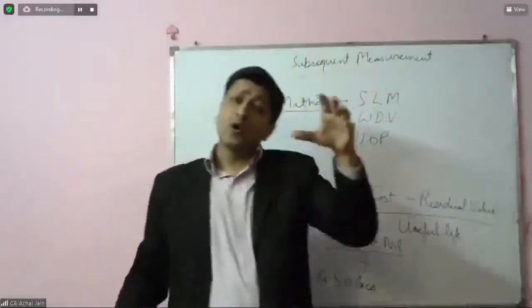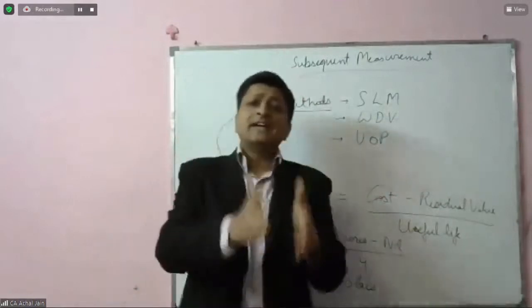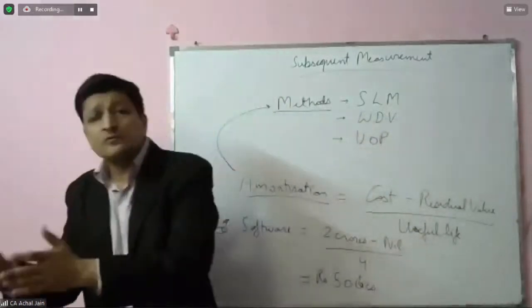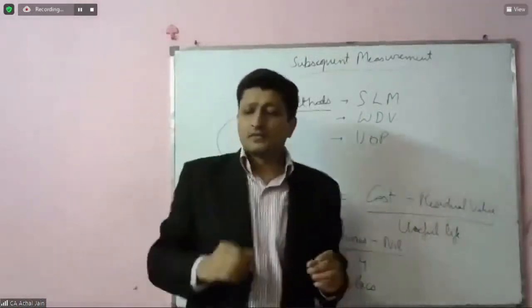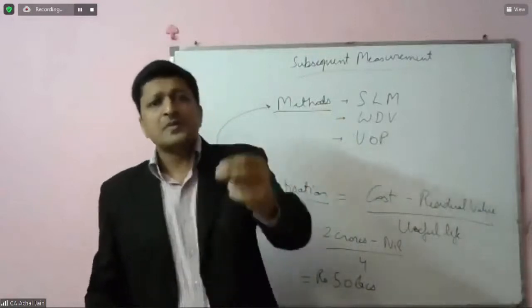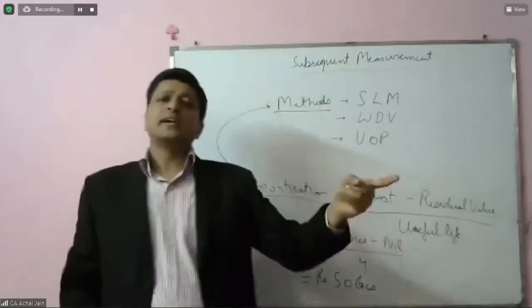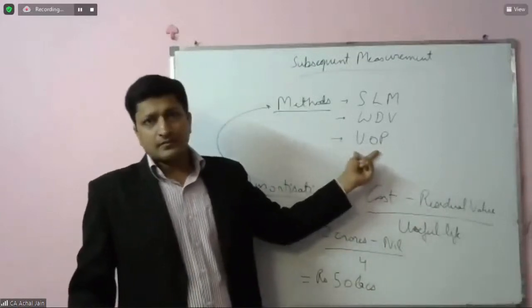Now let's suppose in the first year, 20,000 units are produced. So 20% amortization will be charged for that intangible asset. That is called the units of production method.